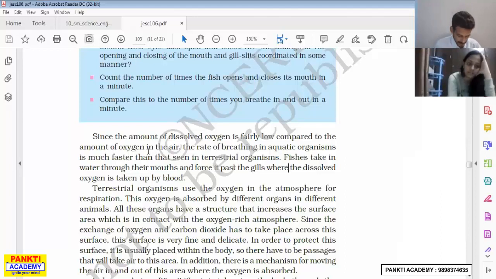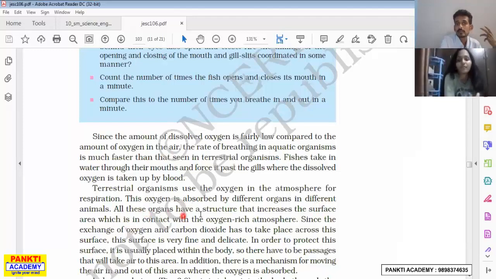But terrestrial organisms use the oxygen in the atmosphere for respiration, because we know already oxygen is in the atmosphere. The oxygen is absorbed by different organs in different animals. So different animals have different organs.